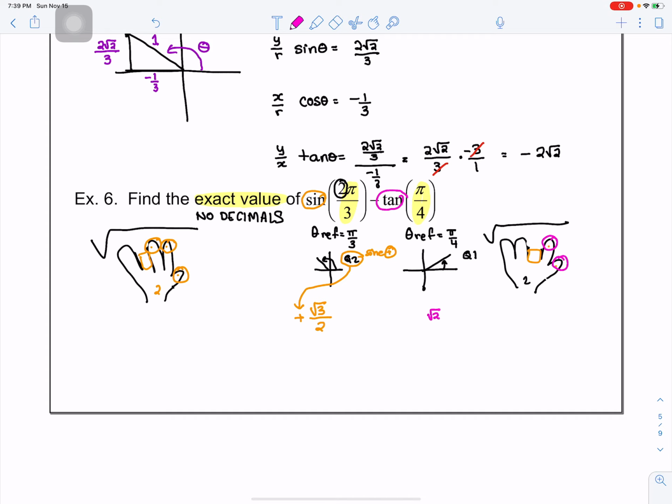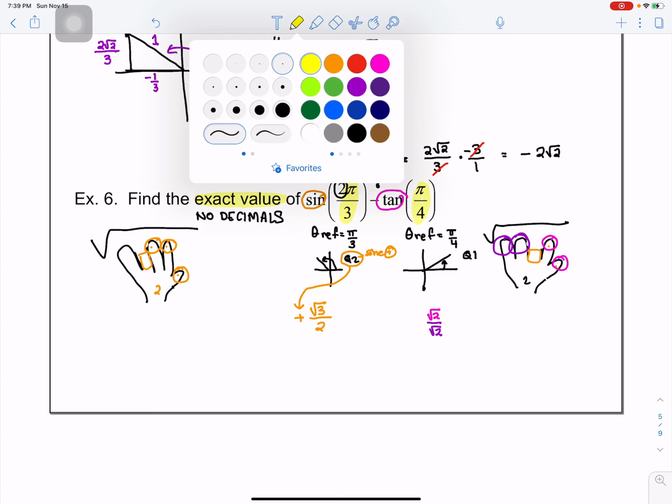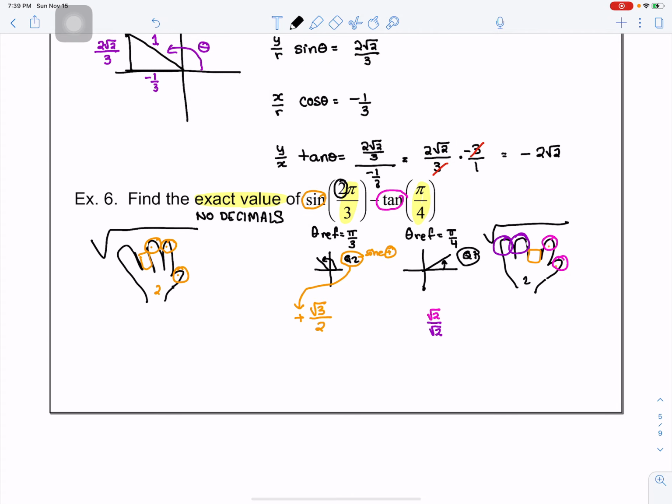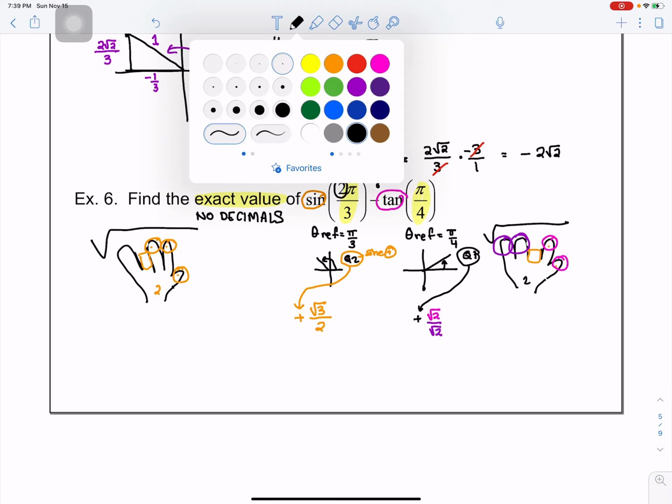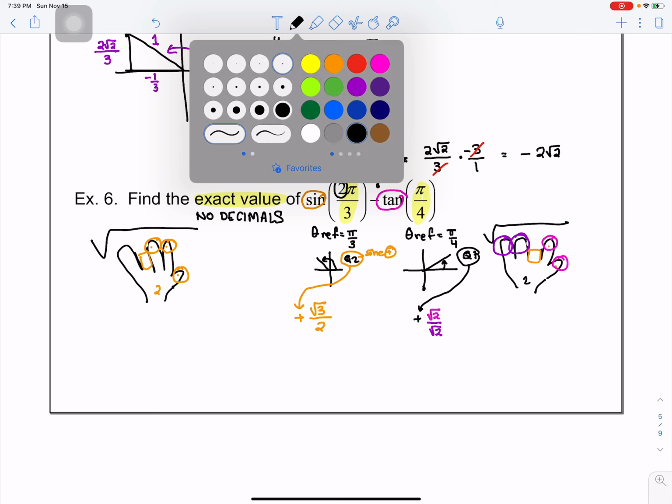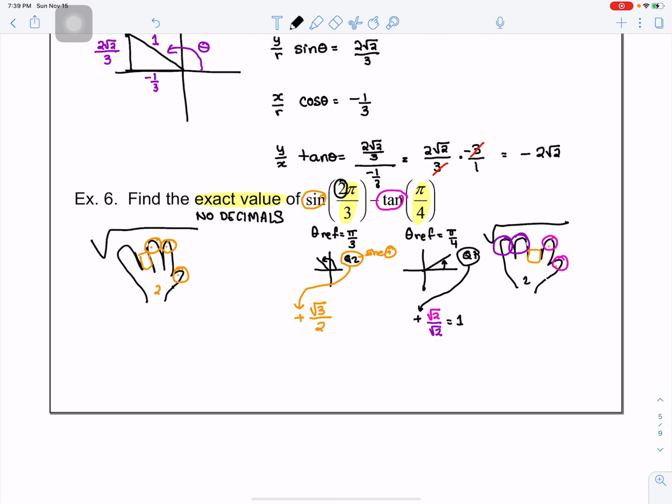Root 2. Divide by my cosine fingers. Root 2. And then I know because I'm in quadrant 1, my tan is positive. Moreover, all of them are positive, but my tan is positive. Now this one simplifies to a 1.